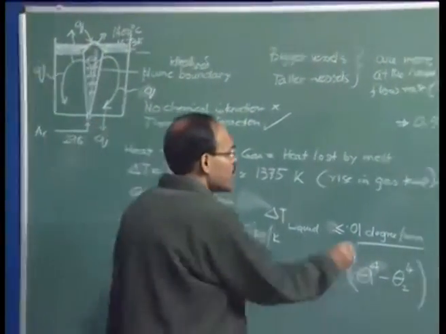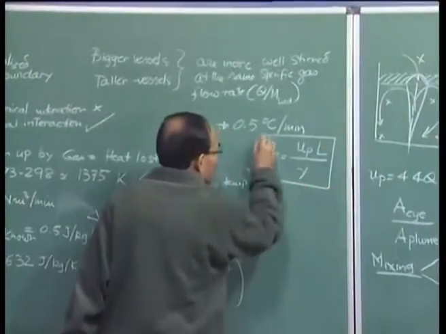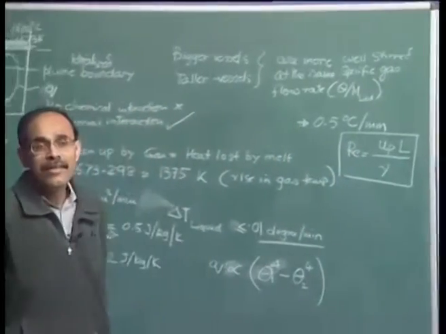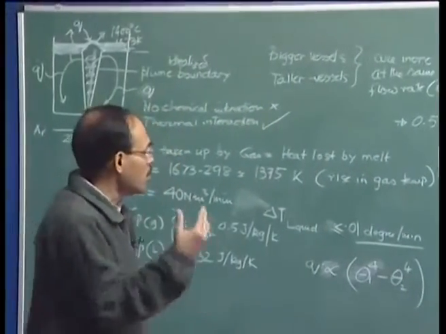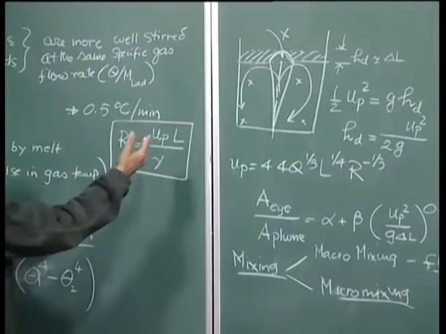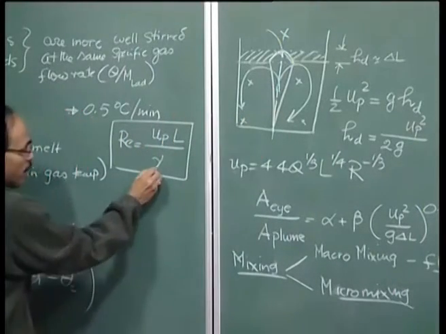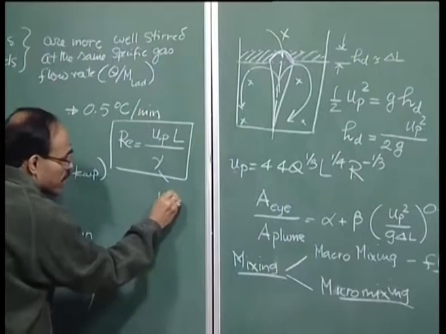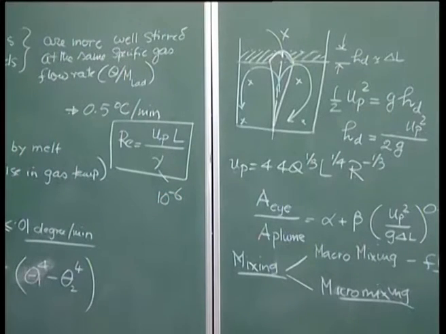Now, if I calculate this, substituting the values for relevant industrial size ladles, the kinematic viscosity of steel in SI units is of the order of 10 to the power minus 6 meter square per second.